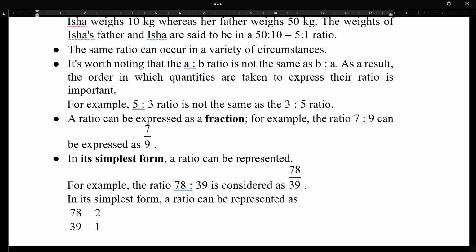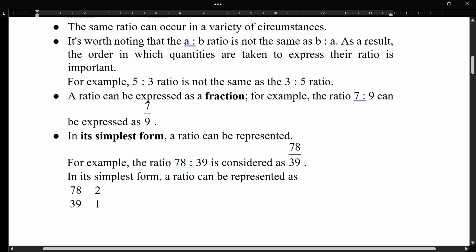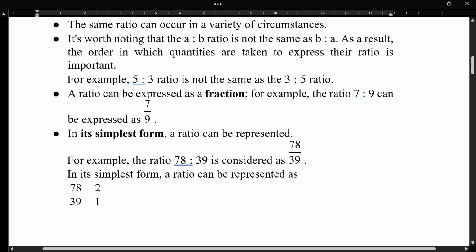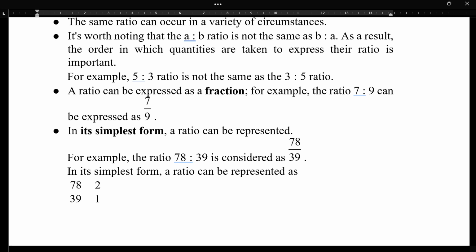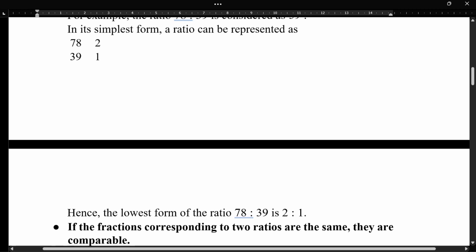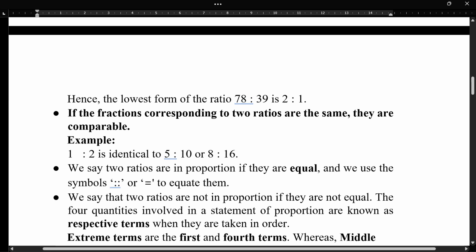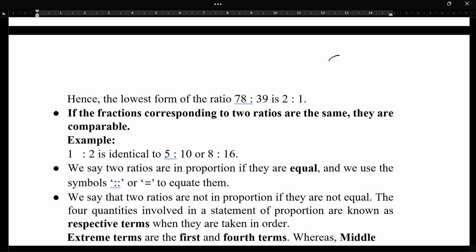For example, 78 ratio 39 is considered as 78 upon 39. We can see that 78 and 39 are multiples of 39, and we will write their factors like 2 and 1. So that will be the ratio.